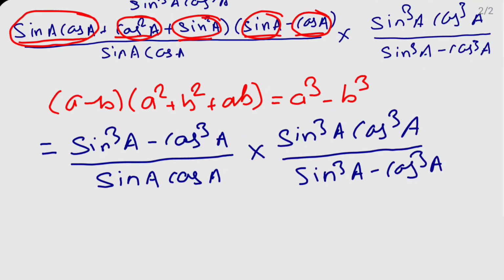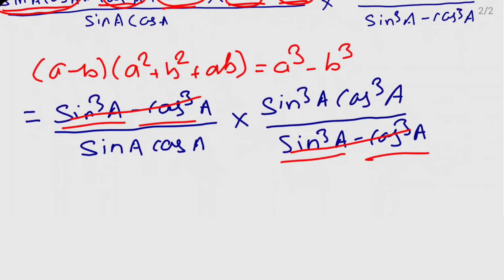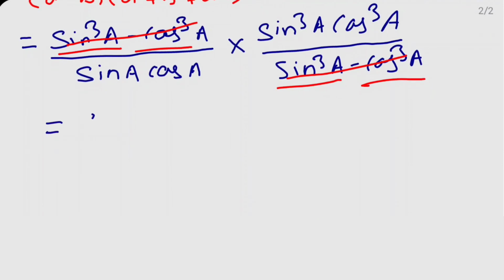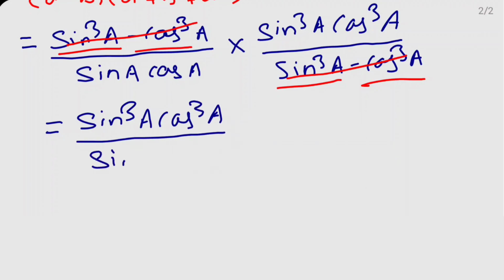And look at here, sin cube minus cos cube A, and here also sin cube minus cos cube A. These two get cancelled. So now remaining terms here, sin cube A into cos cube A divided by sin A into cos A. So here in sin cube one sin and this sin get cancelled.